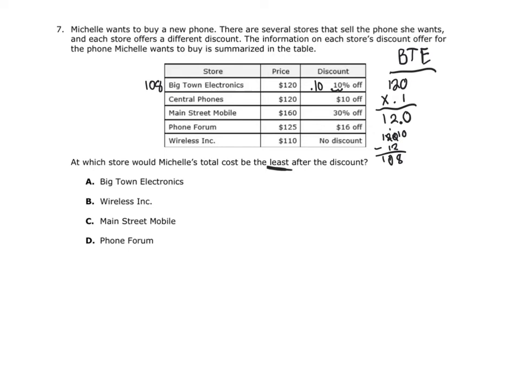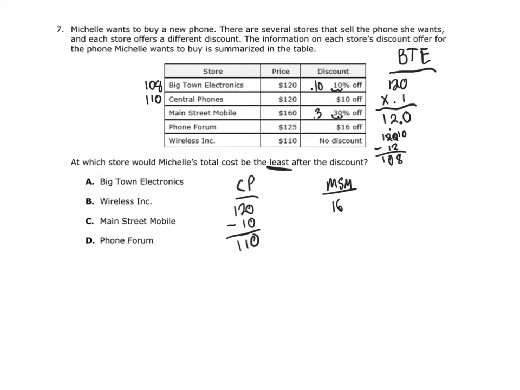Now let's move on to the next one, Central Phone, CP. It's just $10 off, so all we do is 120 minus 10 to get 110. Next one is Main Street Mobile, MSM. So it's 30% off, so we move that decimal 1, 2 to get 0.3.